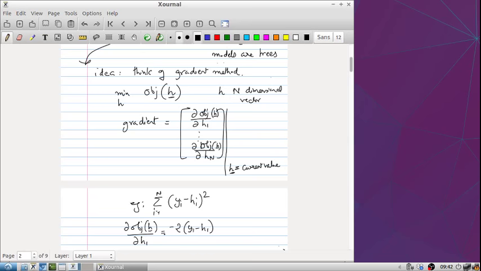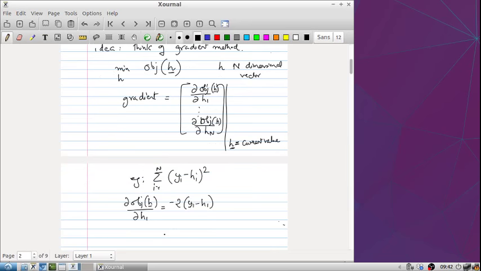Once you get this gradient, the gradient method has many variations, backed with guarantees about how long it takes to compute the minimum and solve this problem, but let's not worry about that. The gradient method just says let's do something iteratively. We start with some iteration h naught, some vector.